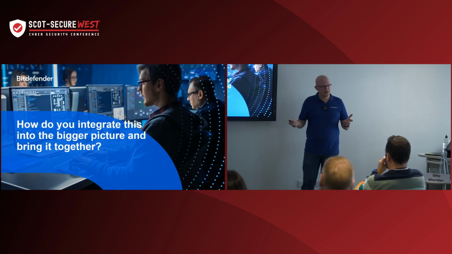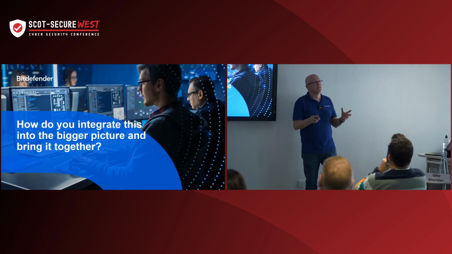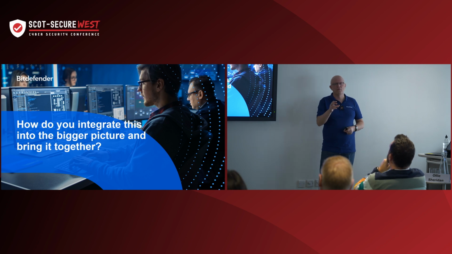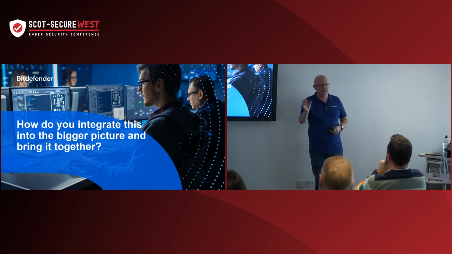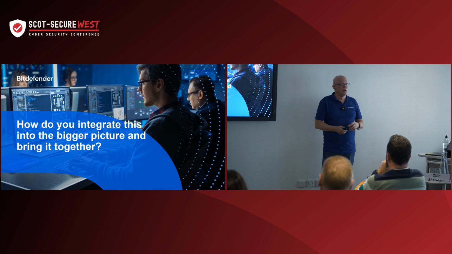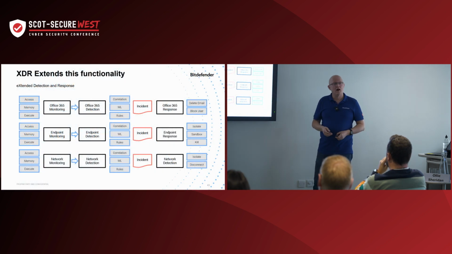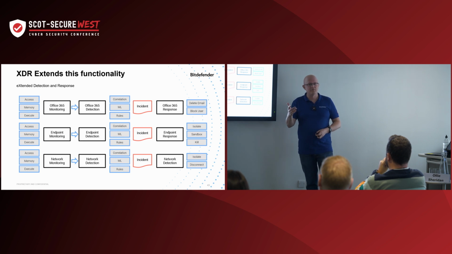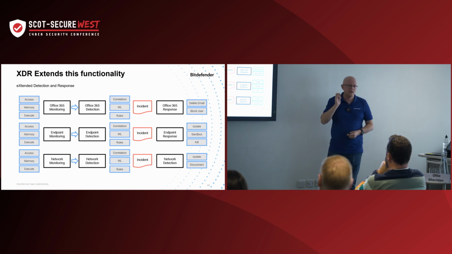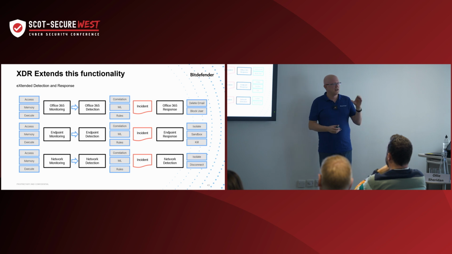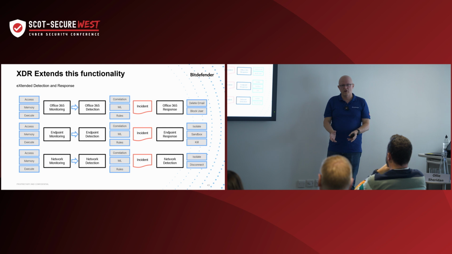Which brings me to my next point, which is how do we integrate this into the bigger picture? Because it's all very well saying, I've got a problem on this machine, and I've got a problem on this machine, but what's really useful is when you integrate that together. And that's really where XDR comes in. I like to think of EDR as looking at an individual endpoint and XDR looking at the whole train set.